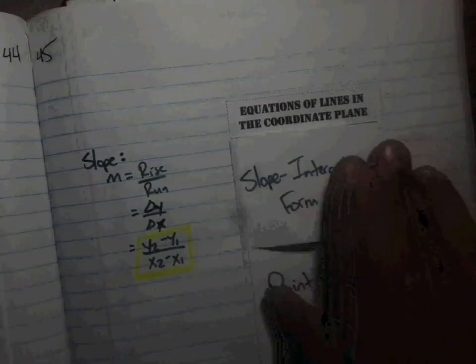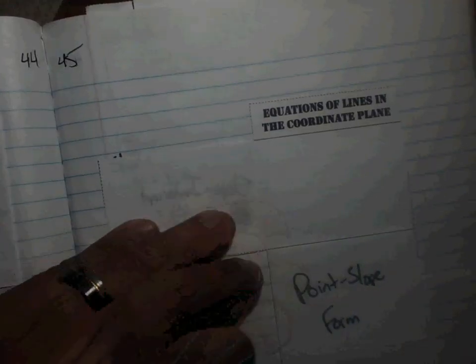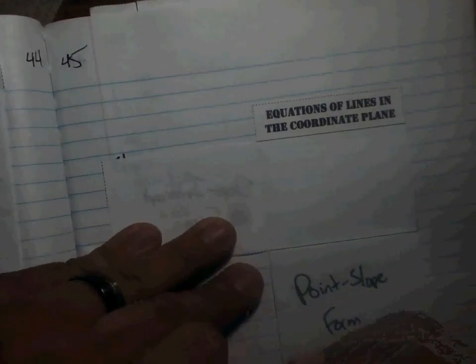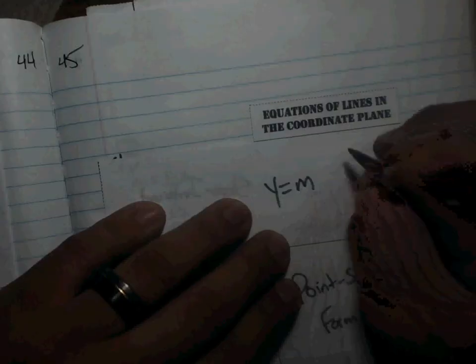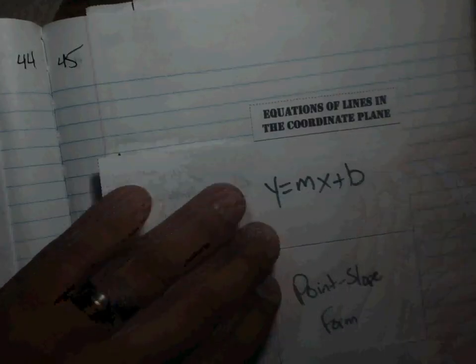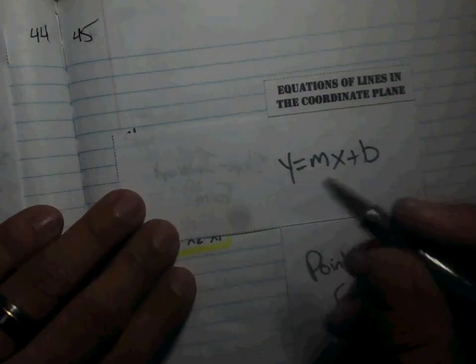Okay, let's talk about the actual equations. Slope intercept form. The equation itself is, like I said, y is equal to mx plus b, where x and y are coordinates.